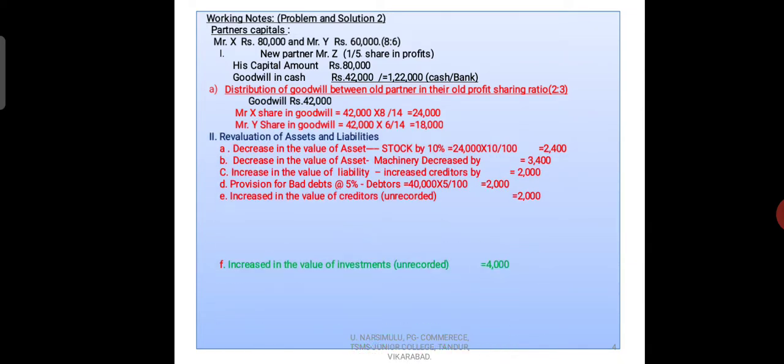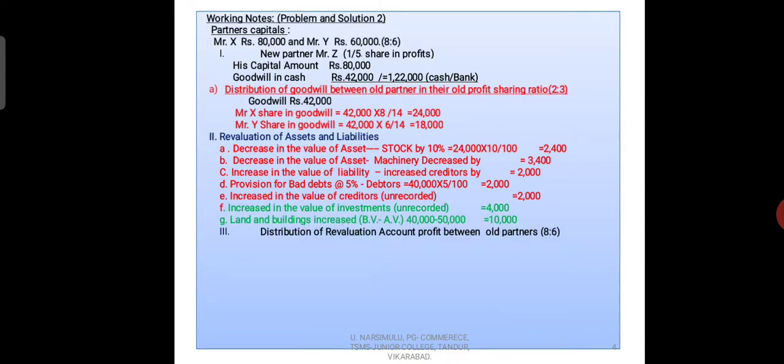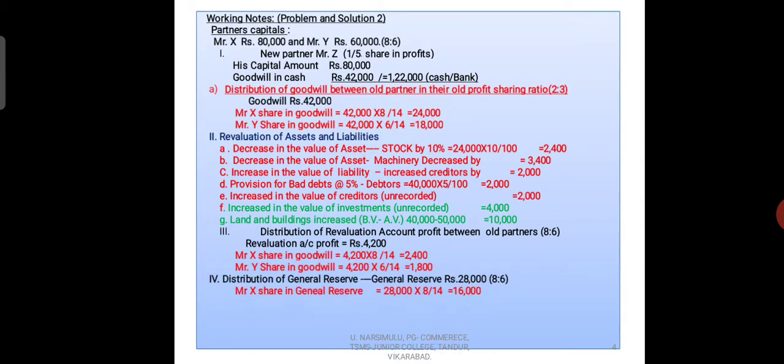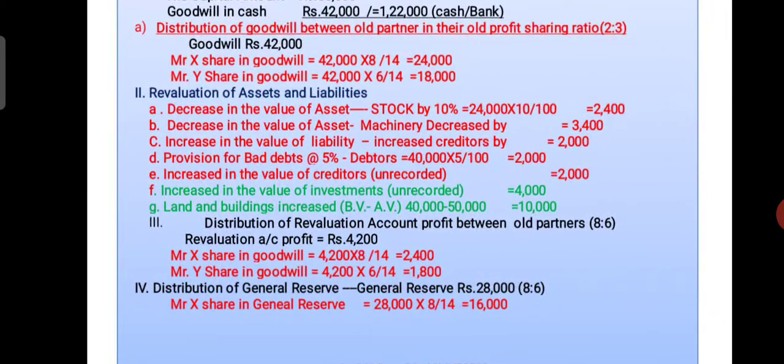To make you understand that, I take the problem slide. Now here, the distribution of general reserve, that is the amount of rupees 28,000. Mr. X's share is 28,000 into 8 by 14, that is 16,000. Similarly, Mr. Y's share in the general reserve is 28,000 into 6 by 14, that is 12,000.